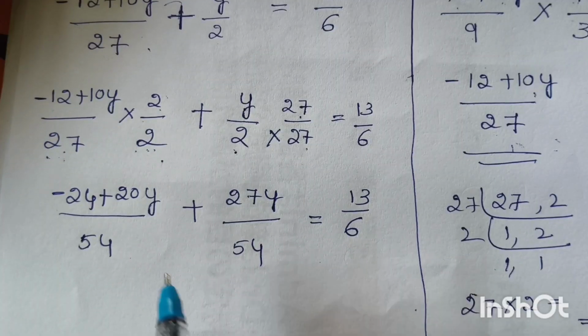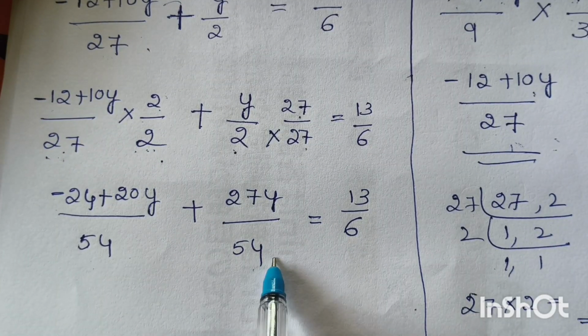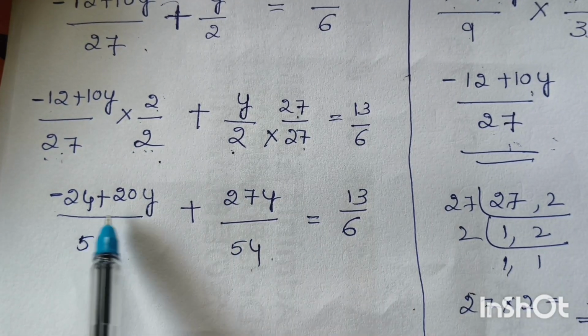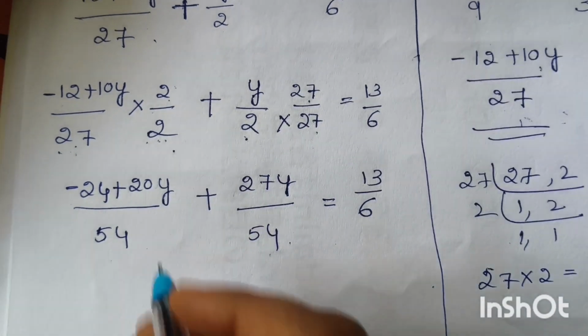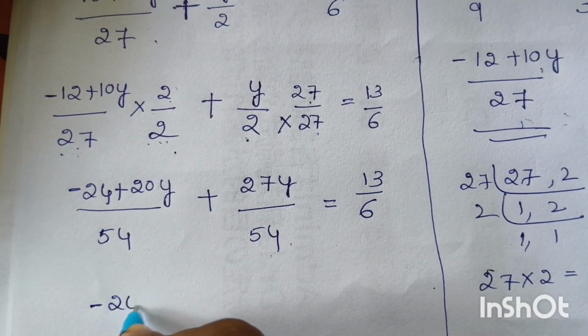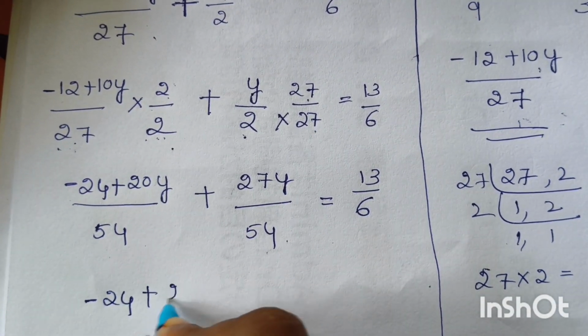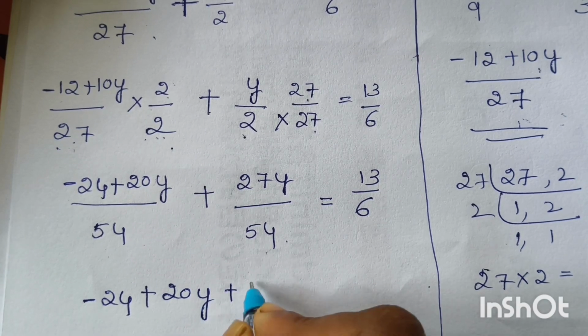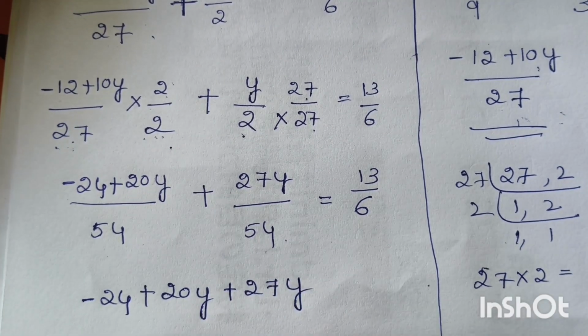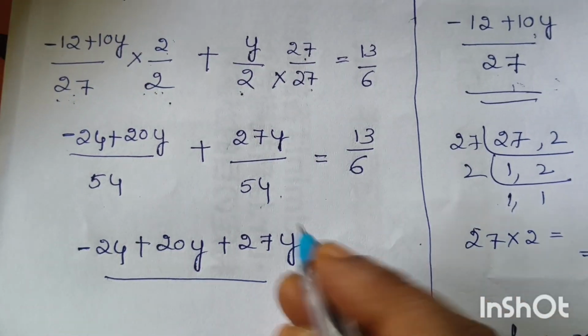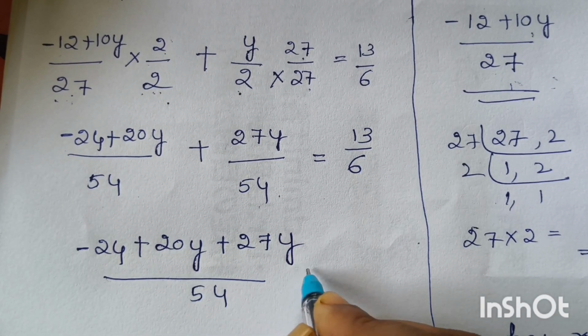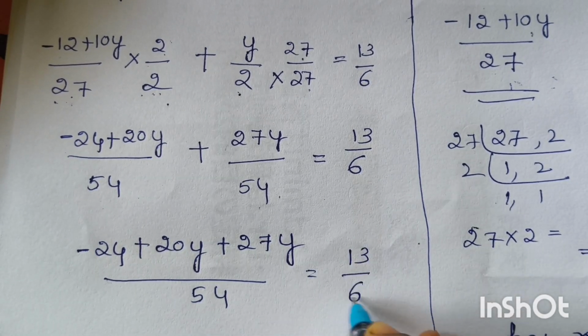You can see that the denominators are equal now, so we can add these two. That is, minus 24 plus 20y plus 27y divided by 54 is equal to 13 by 6.